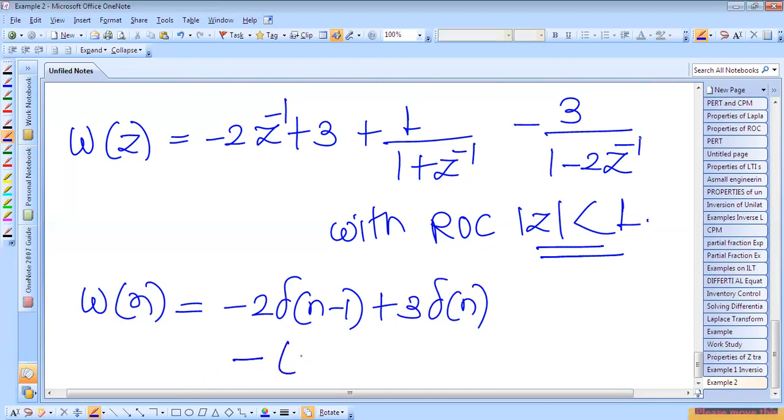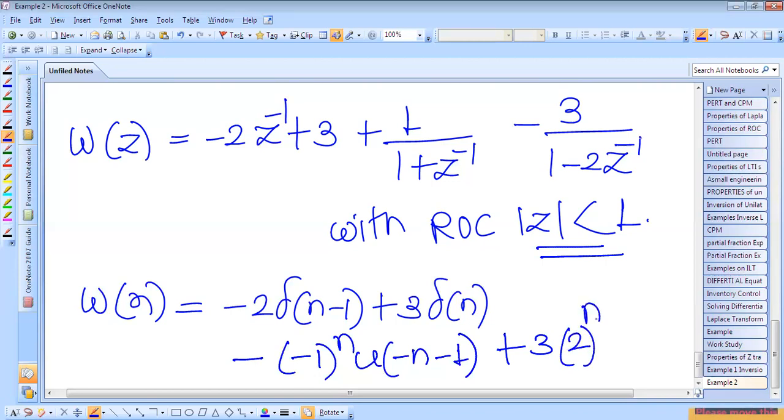And this is minus 1 of n into u of minus n minus 1, as per the standard equation, plus, this AK is minus 3, so minus minus plus, here AK is 3, then dk raised to power n, dk is here 2, it is 2 raised to power n and u of minus n minus 1.